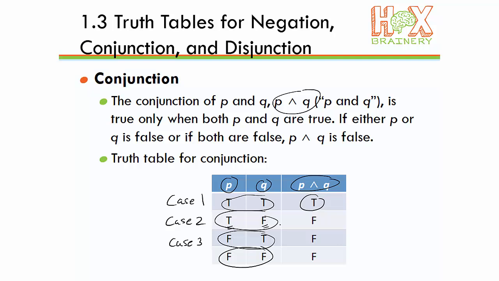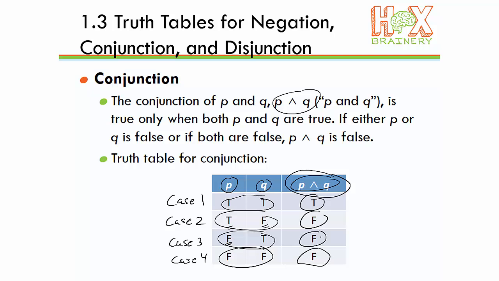So for the conjunction, if one of those is false, then this overall compound statement, the conjunction, ends up being false. In case 3, P is false. So the whole thing has to be false. And in the last case here, case 4, both P and Q are false, so the whole thing is false.